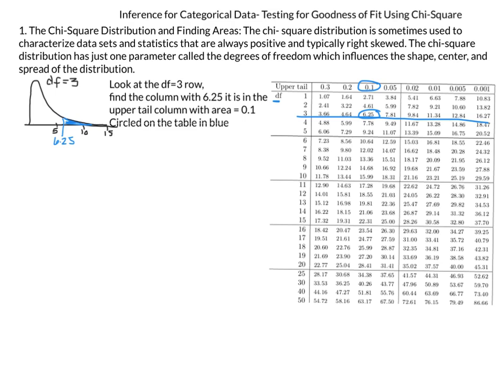You can see this column here has the degrees of freedom 1, 2, all the way up to 50. So now we want to find the column with 6.25. This is our test statistic, and we see that the area associated with everything above, because this is the upper tail, everything above 6.25 is going to be 0.1.